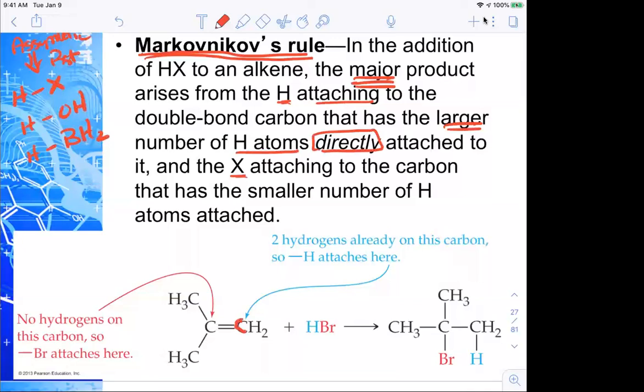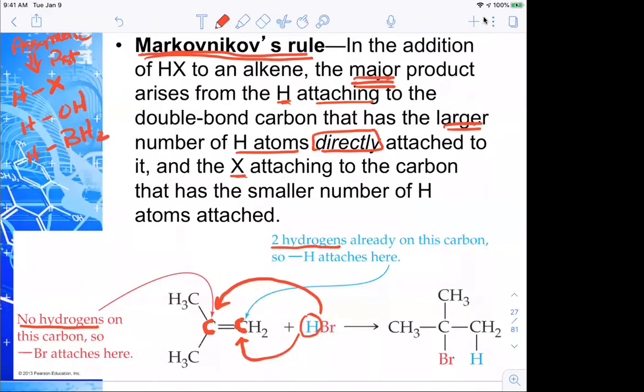This carbon has 2 hydrogens attached to it. This carbon has no hydrogens attached to it. So my hydrogen should end up there, which means my bromine should end up on the other carbon. And that's what I see.